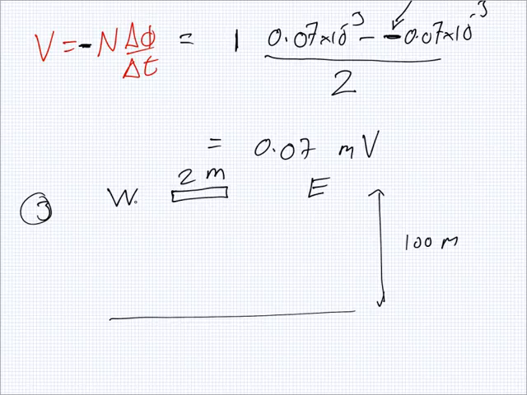So let me see. Before I start, I want everybody to tell me which way the current will move in the pipe using the right hand. Which way is the current?